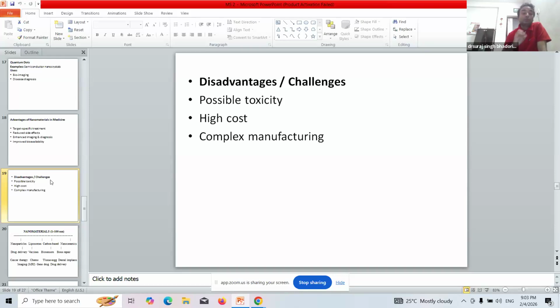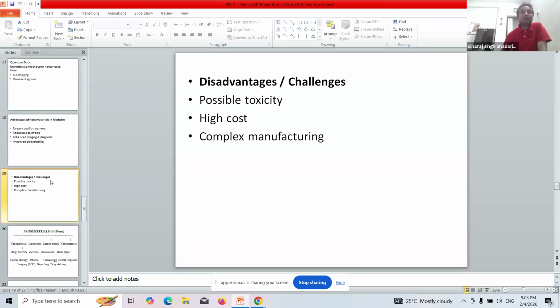These are used to synthesize nanomaterial, along with various highly sophisticated instruments. So this is a complex manufacturing technique, and it requires very high cost. In our Parul University, we have a micro nano lab, an electron microscope, a scanning electron microscope. Now we are going to procure a TEM also, that is a transmission electron microscope. This is very costly.